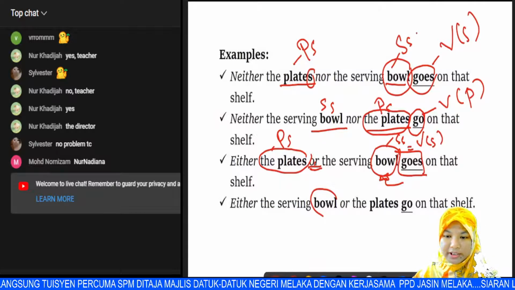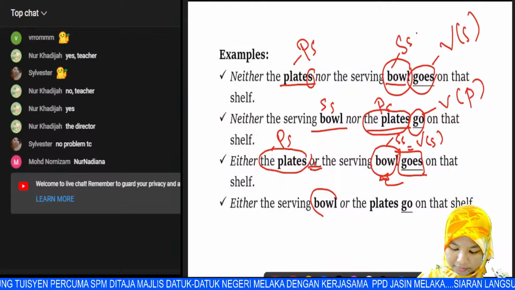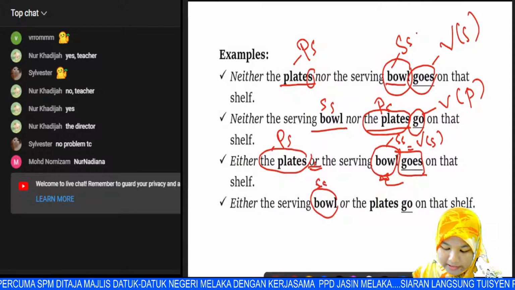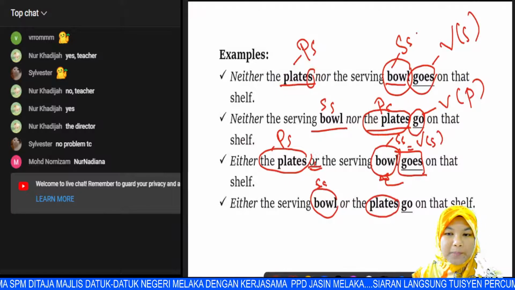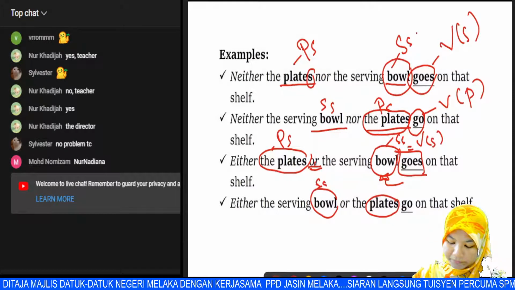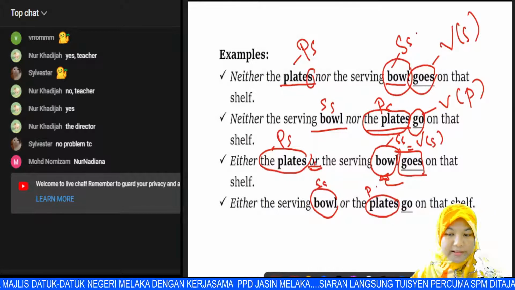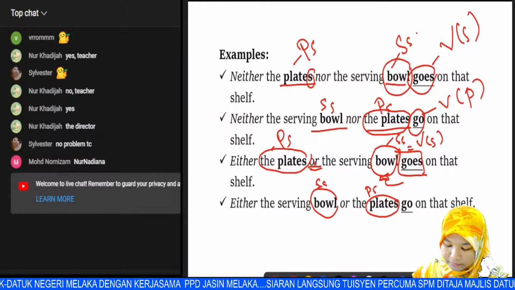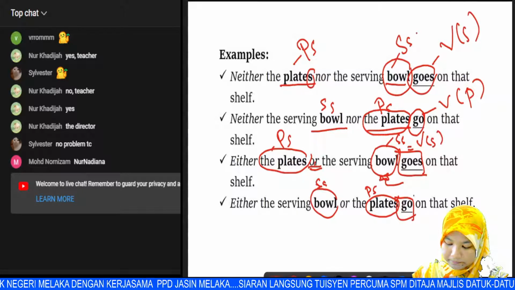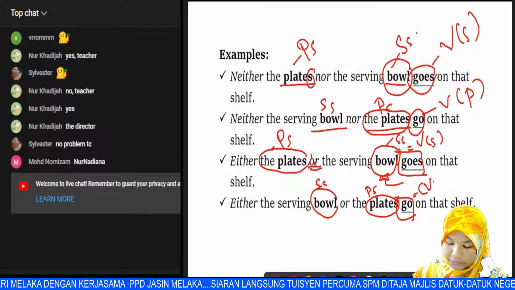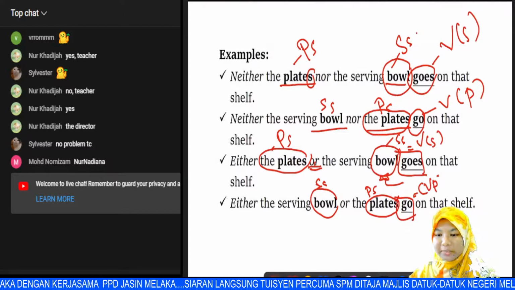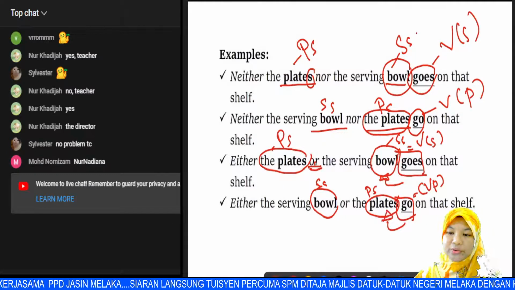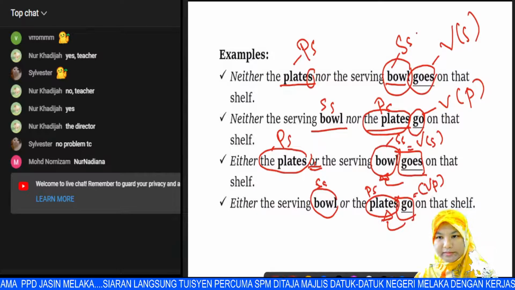Either the serving bowl, now I change the location of it. I change the subject. Bowl here will be the singular subject, or the plates. Now I put plates next to the verb, plural subject. So the verb becomes plural, because it complements the noun which stands next to it.